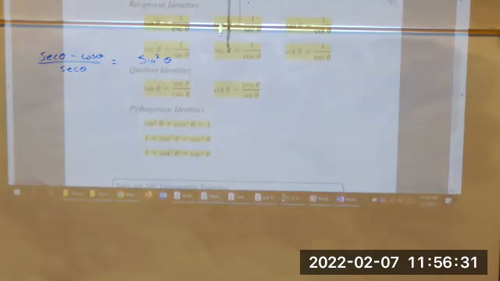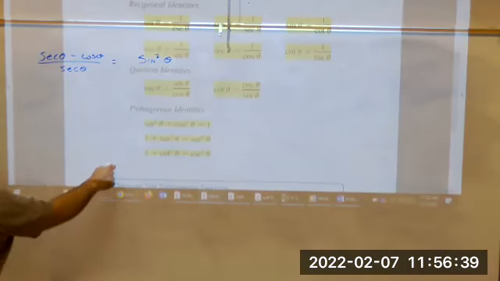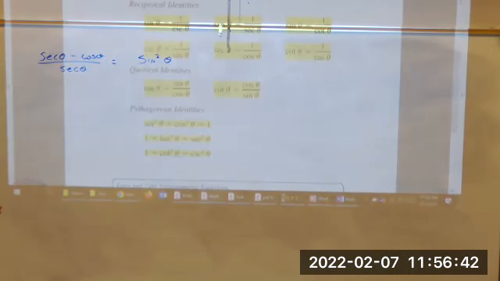You can use that as a given, and any of the Pythagorean identities that come straight from the Pythagorean identity. So you have sine squared theta plus cosine squared theta equals 1. If you divide everybody by cosine squared, you get tangent squared theta plus 1 equals secant squared theta. If you divide everybody by sine squared, you get 1 plus cotangent squared theta equals cosecant squared theta.